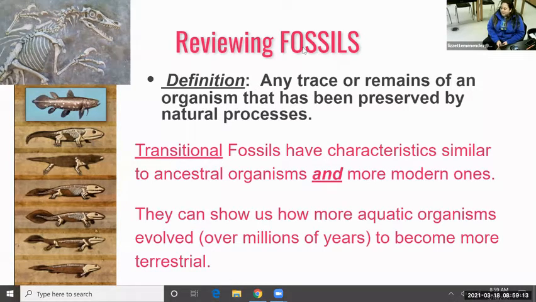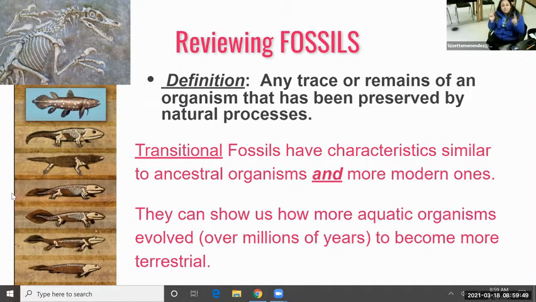And obviously, we know that fossils can paint a picture of what the world used to look like, and if it was different, which it was, right? On Tuesday, we looked at primarily transitional fossils. This was the interactive that you looked at. Transitional fossils are fossils that have characteristics that are similar to both ancestral organisms, so things that are older than it, and characteristics of more modern ones, so things that evolved after.